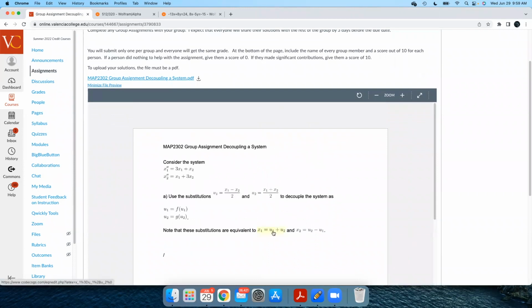So x1 is just the two you got added together, and x2 is them subtracted. Okay, hopefully that's enough. I kind of did a quarter of it for you there.